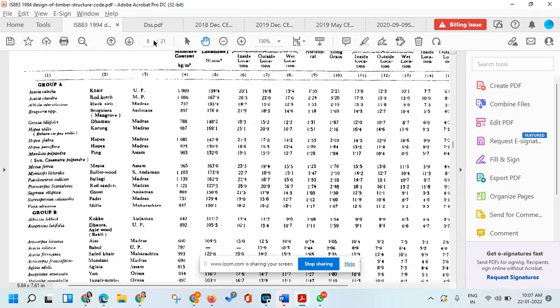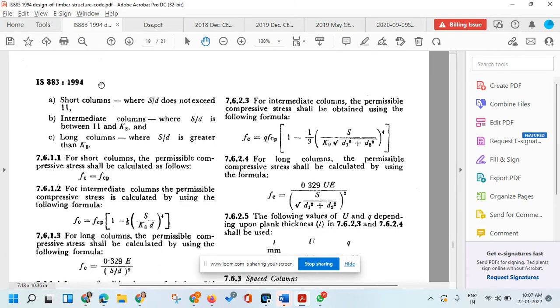So we can move back to the IS code, and here you can see if the S by D value exceeds 11, you have to check whether it is less than K8. So how can you get the value of K8? K8 value is given at the front pages of the IS code.